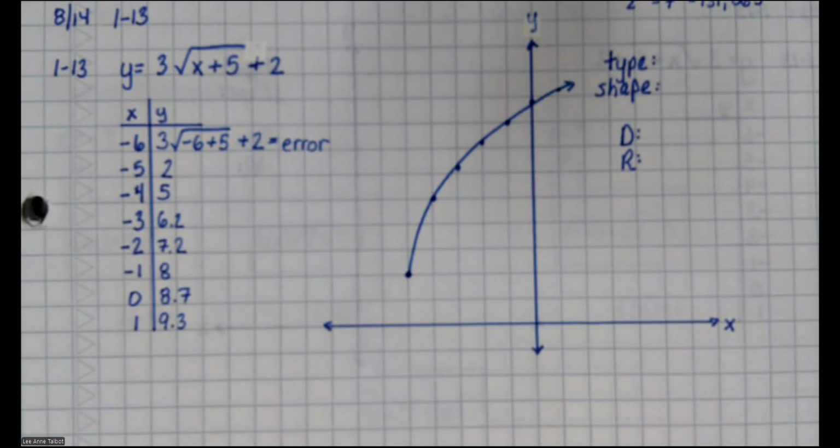So when it's -5, then it's 2. 3, 4, 5. 1, 2. 6, 7. For -5, I got 2. Okay, then -4. 3, 4, 5. Just put it for 6.2.